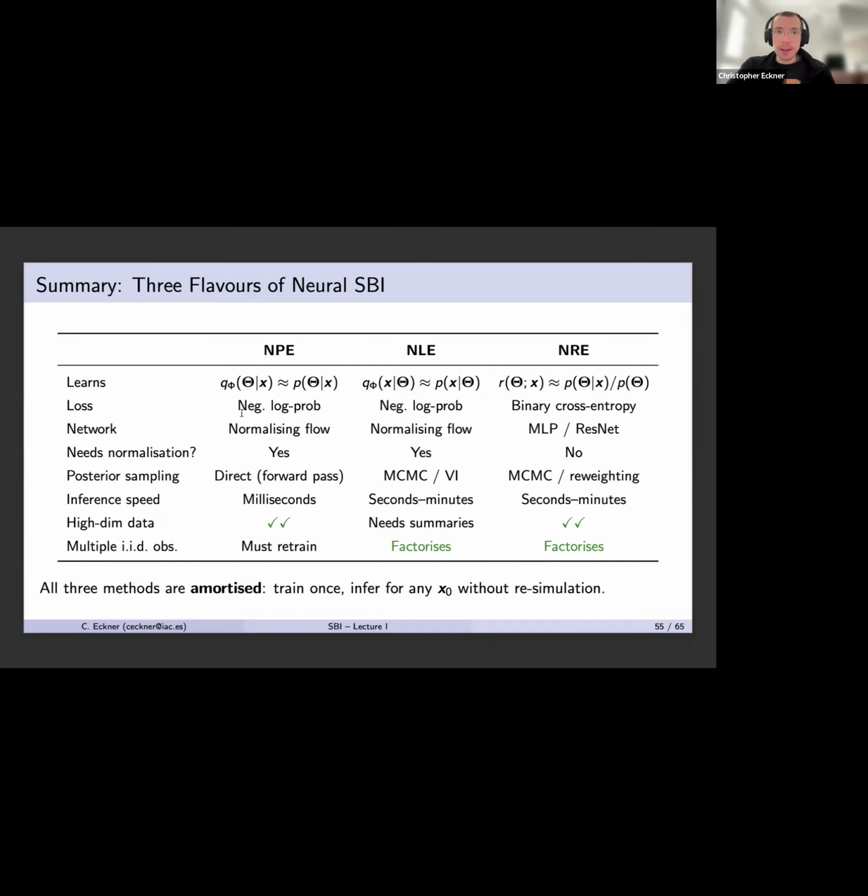The loss we need to train is, for the first two cases, this negative log probability, while it's just the binary cross entropy for a classification problem for neural ratio estimation.